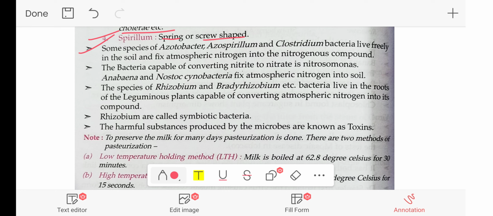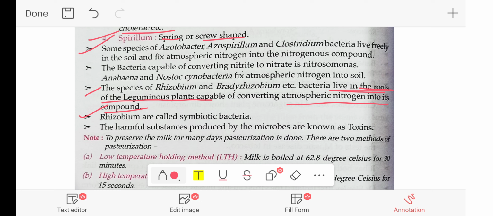Anabaena and Nostoc cyanobacteria fix atmospheric nitrogen into soil. The species of Rhizobium and Bradyrhizobium, etc. bacteria live in the roots of the leguminous plants and they are capable of converting atmospheric nitrogen into its compounds. Rhizobium are called symbiotic bacteria.